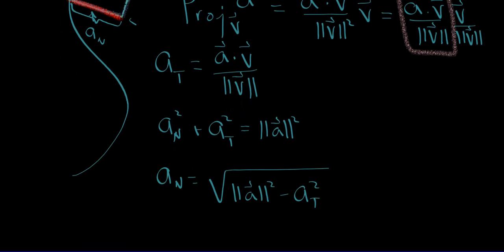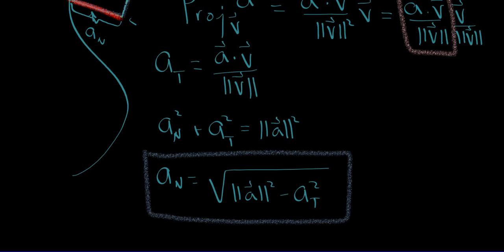That's how we can get the normal component of acceleration. Right there. So you know how to find the tangential component and the normal component of acceleration. Those two formulas will give you each, right?